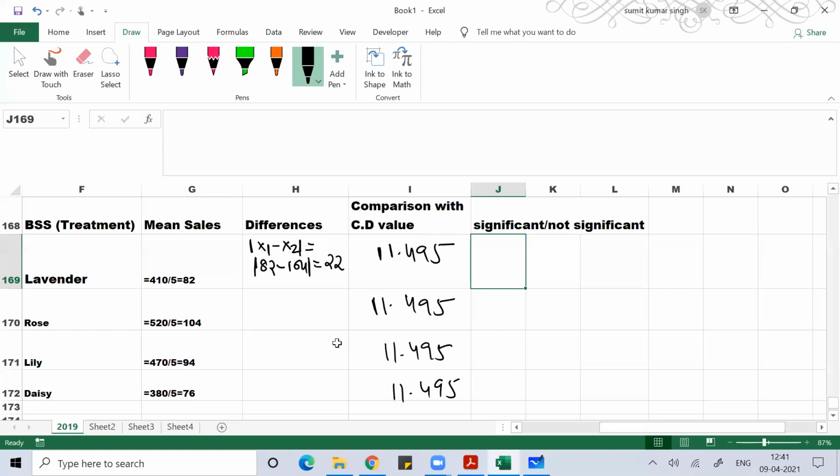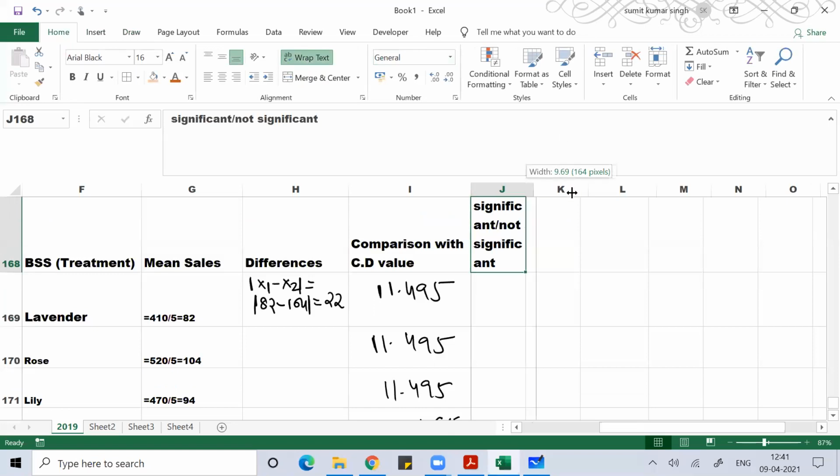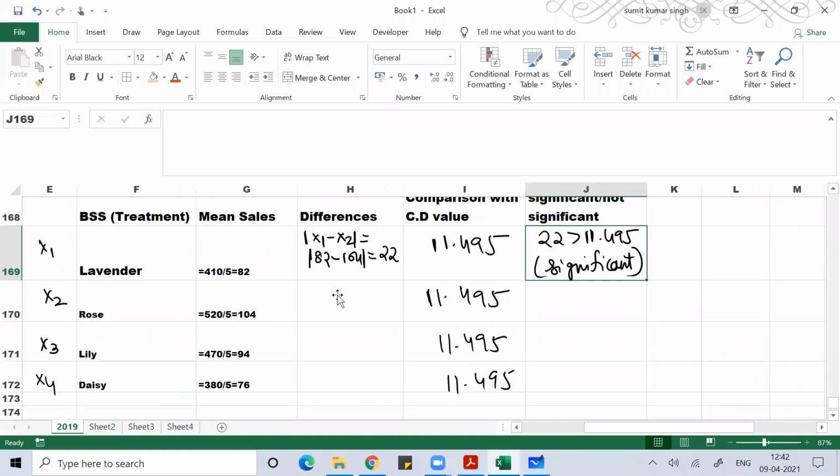If you see this, 22 is more than 11.495, which means they are significant. If they are less, then they are not significant. The critical difference means the maximum difference that can arise, given the standard error. So we did the adjustment for that and we find these differences.